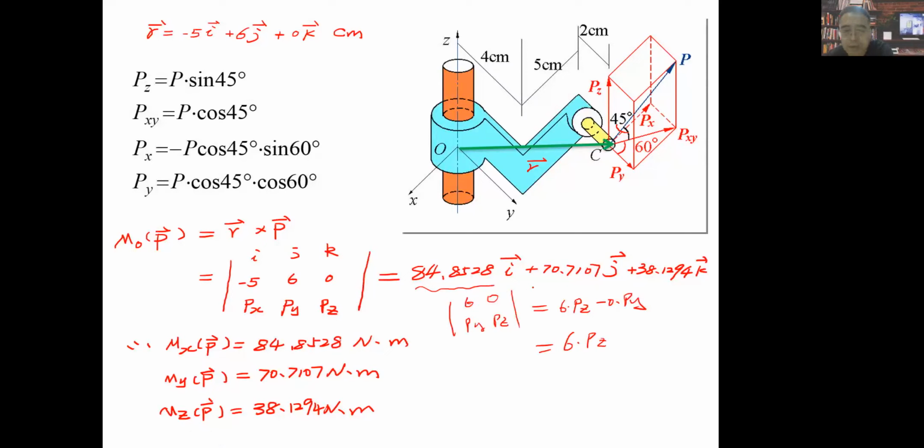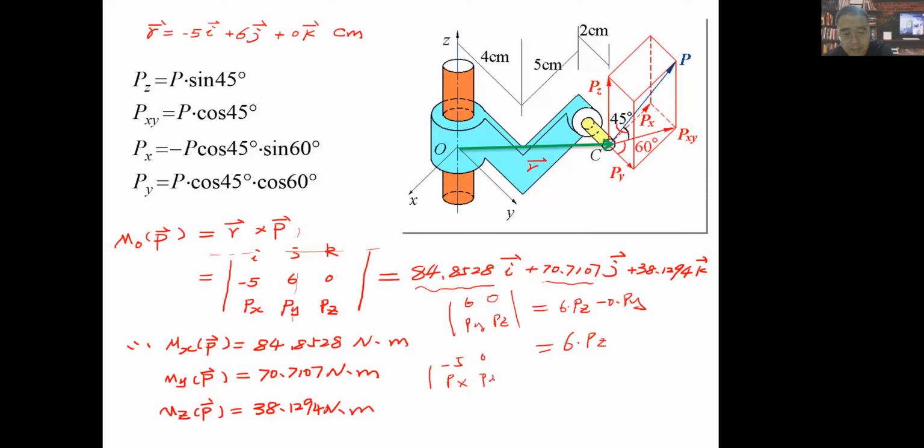If we try to calculate the second one, you should first imagine clearing this row, and second, clearing this column. Then we have this determinant calculation problem. We have -5, 0, Px, and Pz, right?